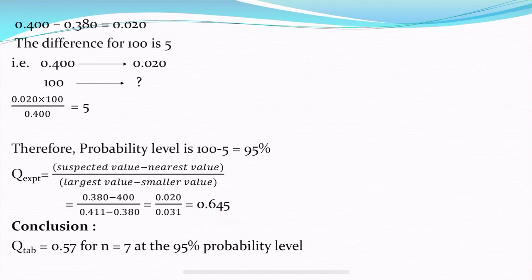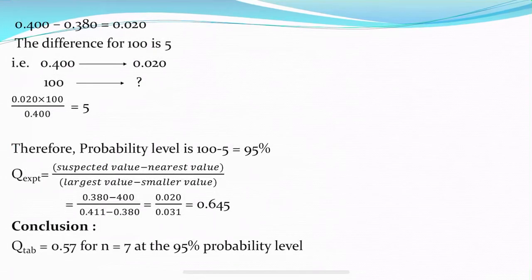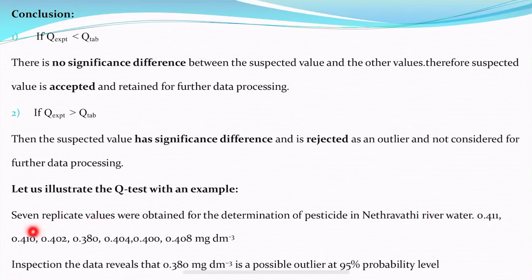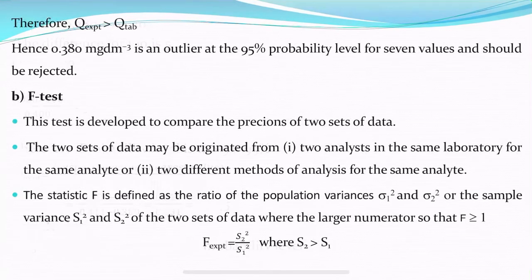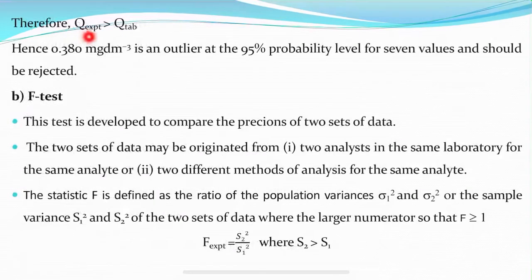Now let us make a conclusion. Here Q tab is equal to 0.57 for n equals 7, because I have conducted 7 trials, at probability level 95 percent. Therefore, Q experimental is greater than Q tab.